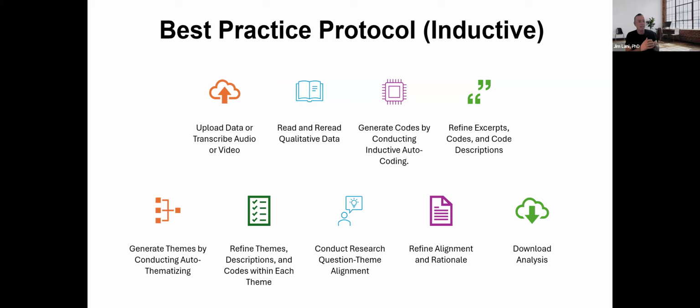The third piece, though there are really four pieces, is aligning your research questions with the themes. You have a research question or a study aim. How does that theme help address that question? The themes and the interview questions are all trying to get at those study aims.